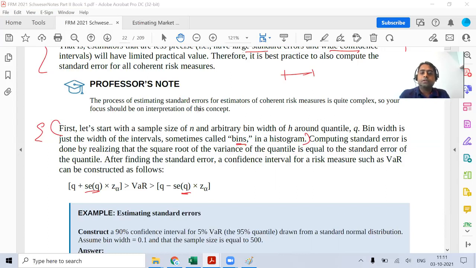So they're talking about this bin with the size of H, and they are also referring to some Q. We will talk about that Q when we look at the actual sum, and using the data points from this bin.